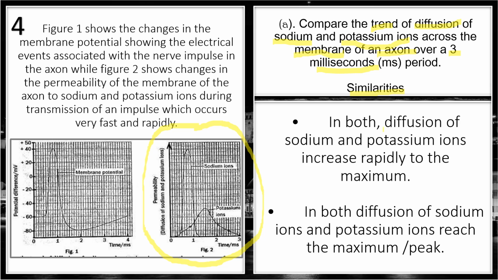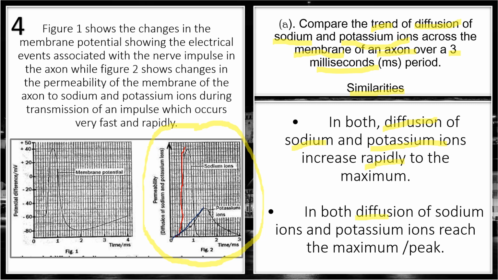We can see in both the diffusion of sodium and potassium ions, they increase rapidly to the maximum. So when you look at sodium, sodium increases rapidly up to the maximum. And when you also look at potassium, it also increases rapidly to the maximum.